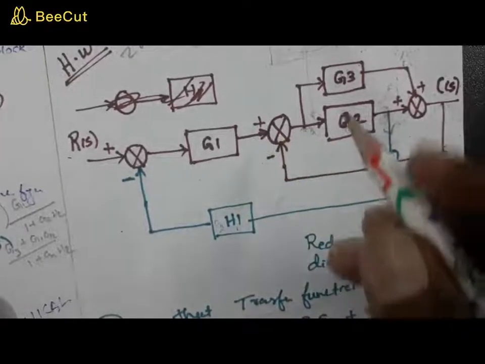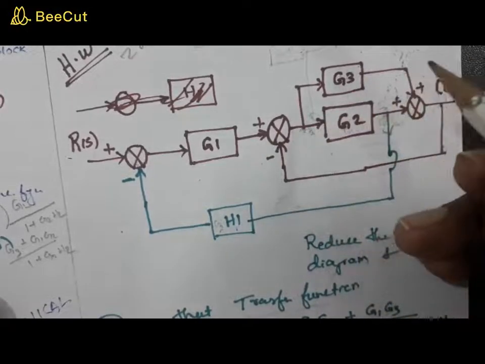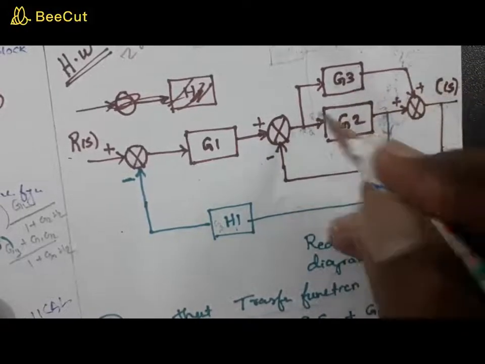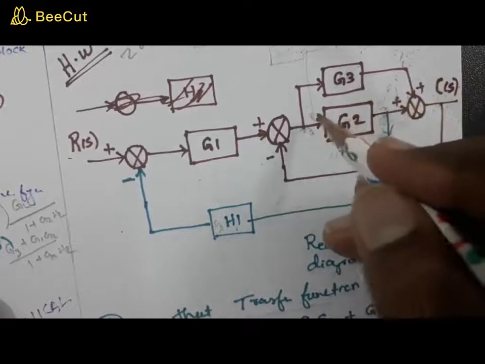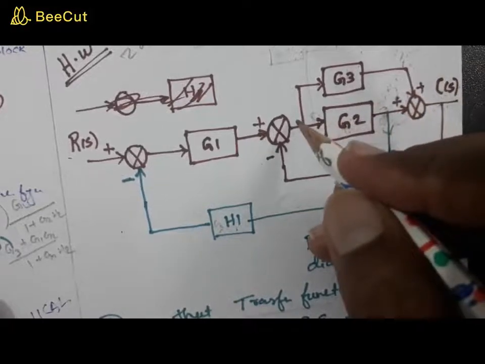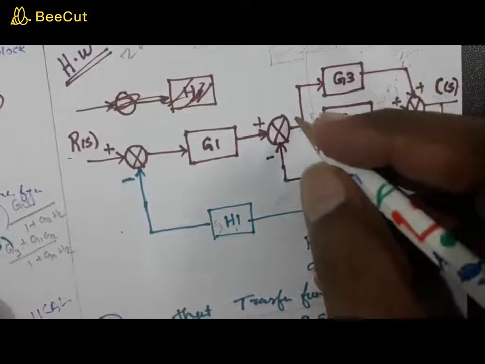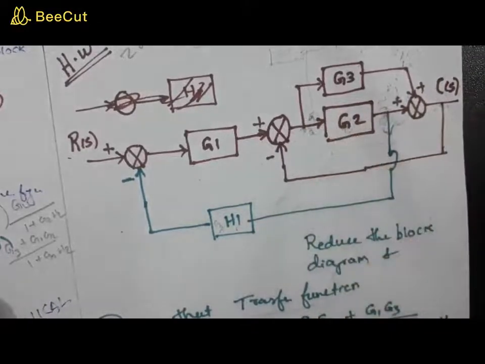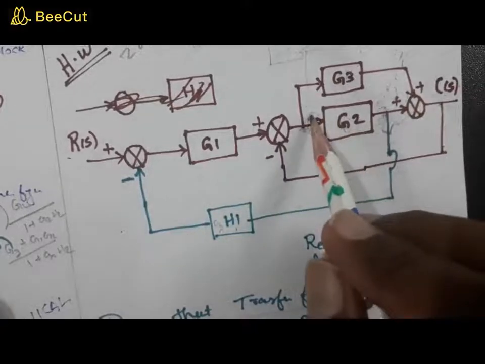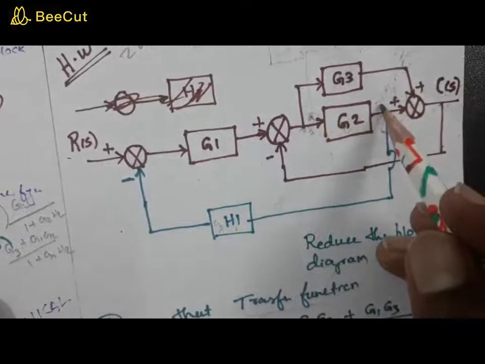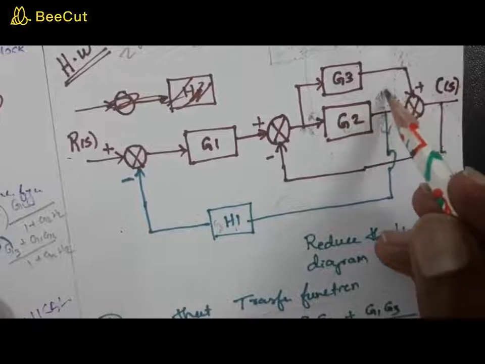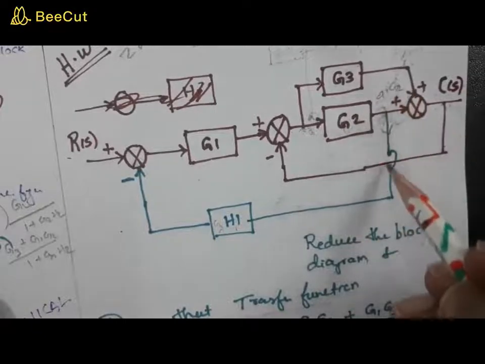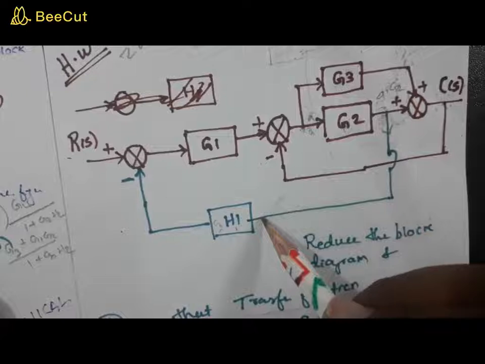So say I'm going to put it like this. Suppose this is your A. This signal is A. What is this signal? This signal becomes A into G2, right? A G2 has to go through this, right?